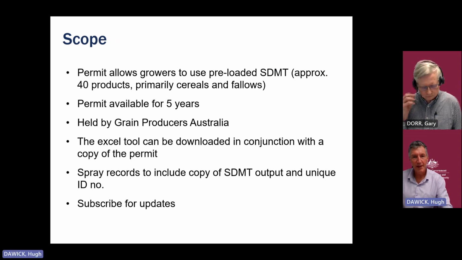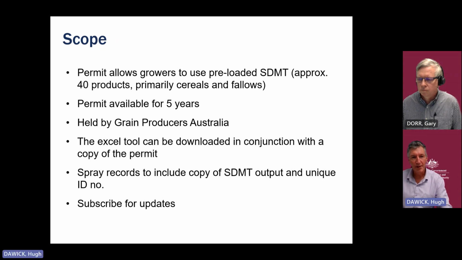The tool itself can be downloaded in conjunction with a copy of the permit from the web page from which you access this presentation. When you do use the calculator, please make sure that you include a copy of the output and the unique ID number with your spray records.